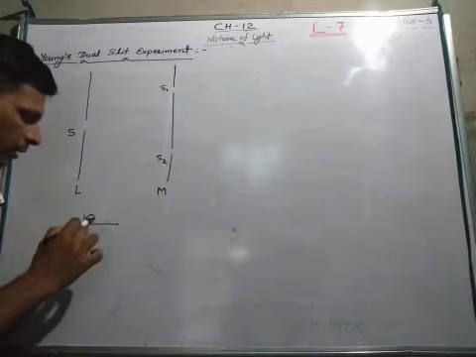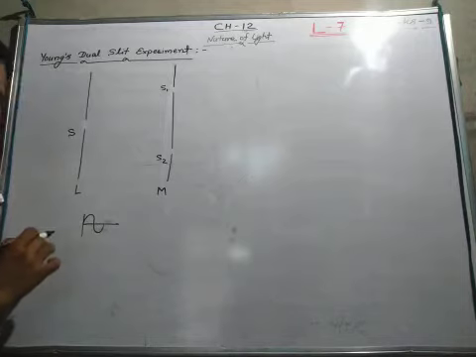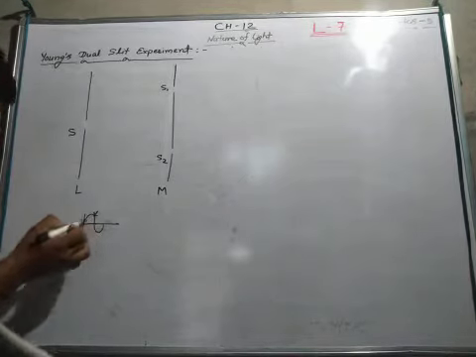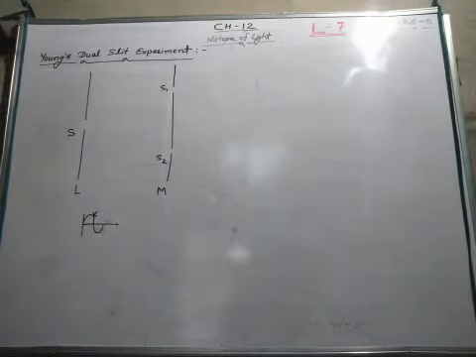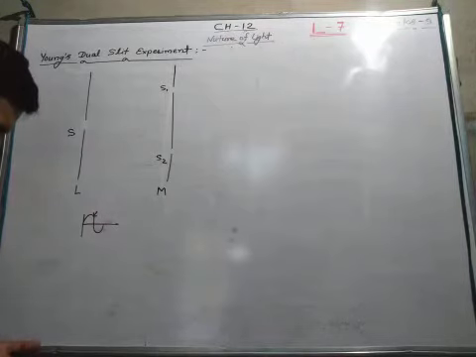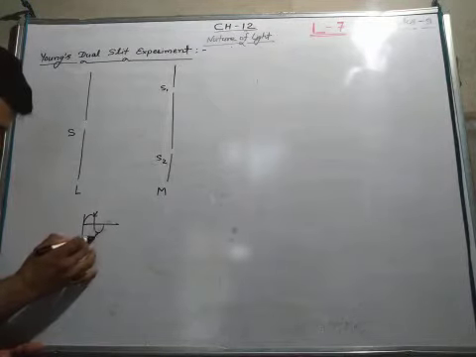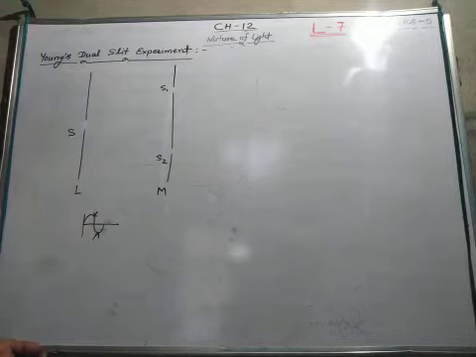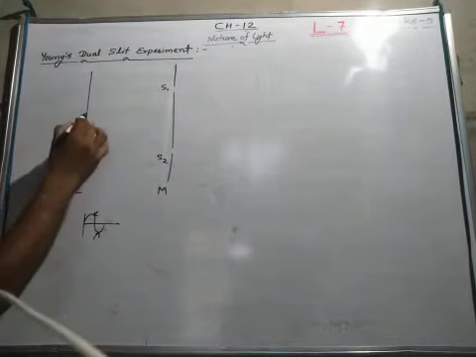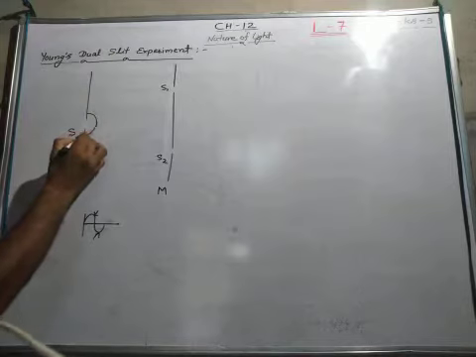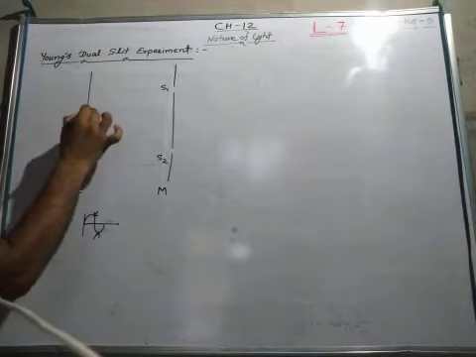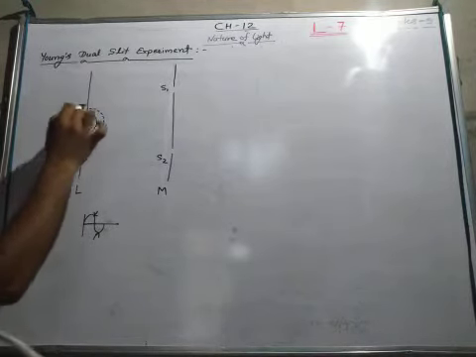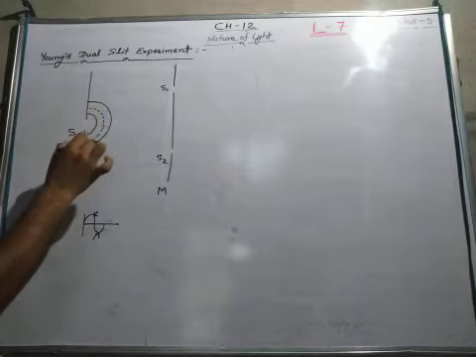This part is called the crest, and the downward part is called the trough. The crest part is shown by a straight line and the trough part by a dotted line.